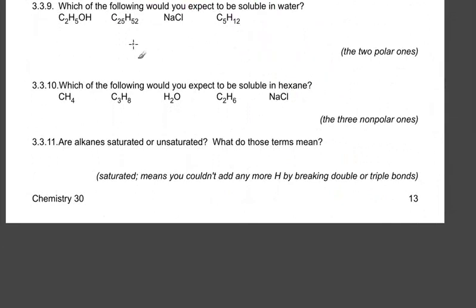Another thing we can get from knowing these forces is the solubility of a substance. And briefly, the rule is polar stuff dissolves in other polar stuff, and non-polar things dissolve in other non-polar things. A lot of people know the rule that oil and water don't mix.